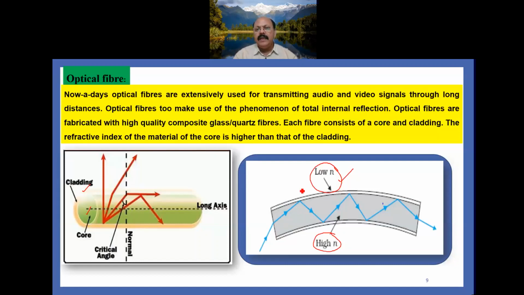It means the signal that entered inside the optical fiber at an angle greater than the critical angle for this pair of media in contact undergoes total internal reflection repeatedly. So the optical fiber basically works on the principle of total internal reflection.